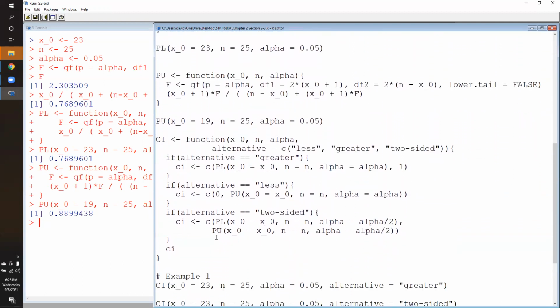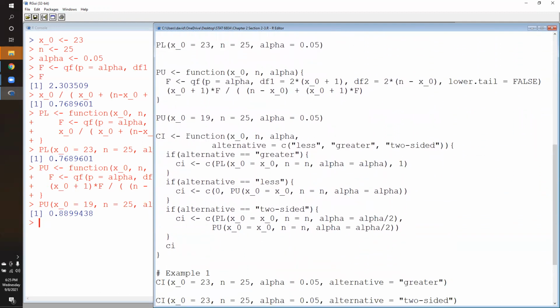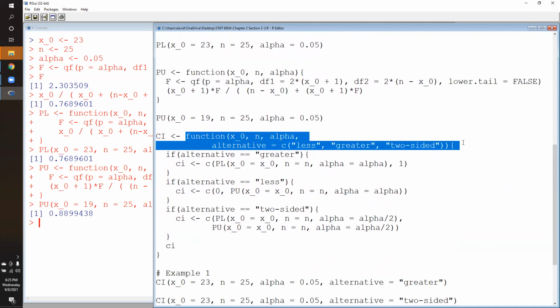Now for some trickiness. We could create a function that I just need to tell x0 and alpha and the type of alternative hypothesis. And from there, I could calculate the confidence interval based on what the alternative hypothesis is.